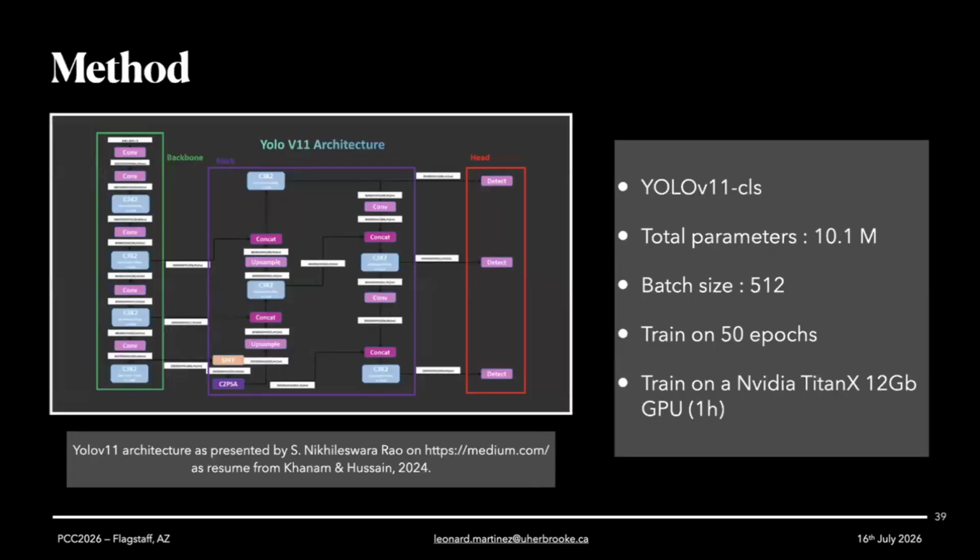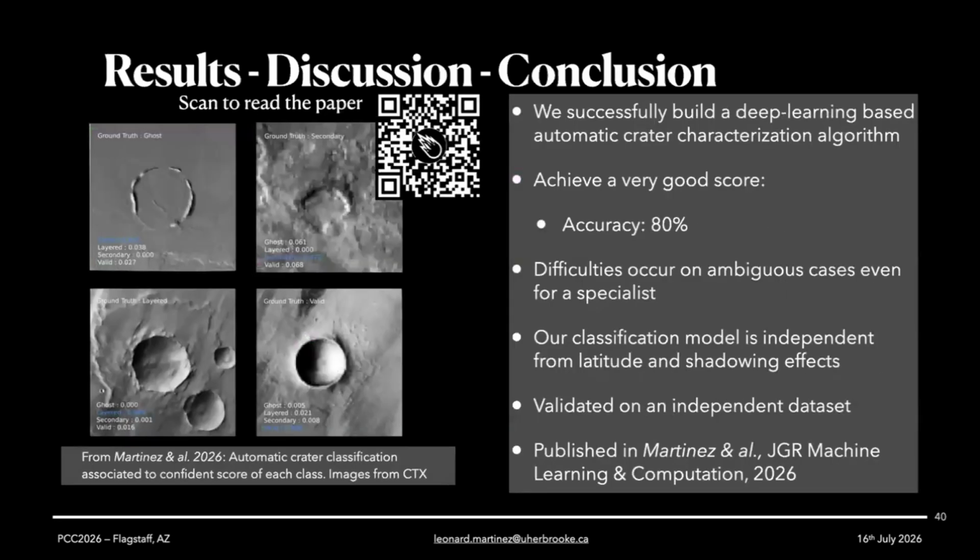To do that, we trained a much more modern algorithm, YOLO v11, only the classifier part, on CTX images of craters on Mars. And we achieved a good accuracy score, close to what a human can do.